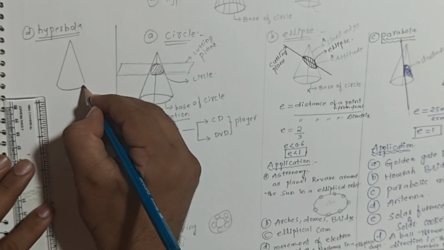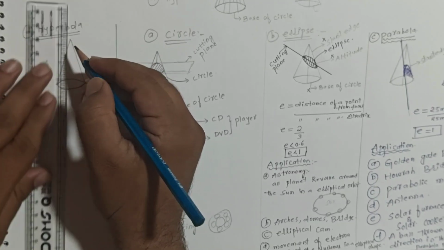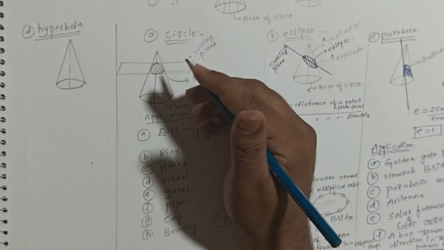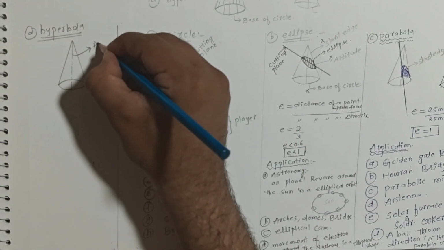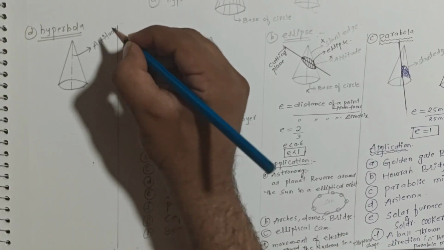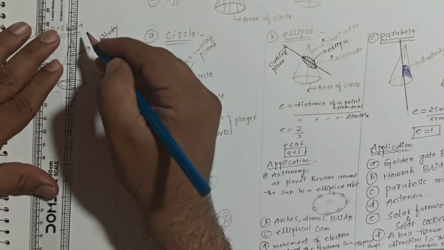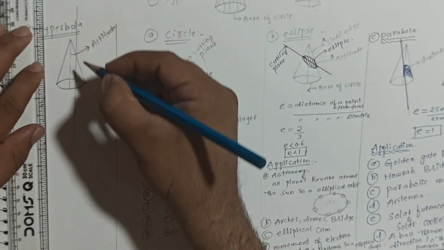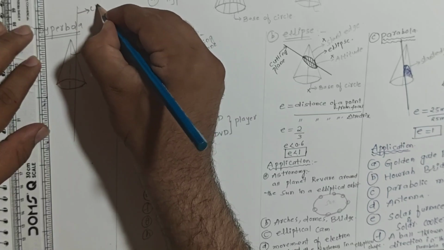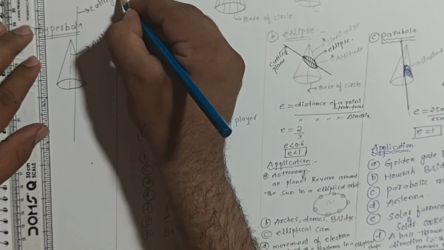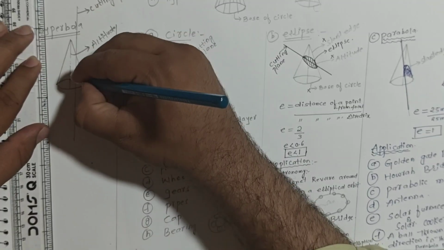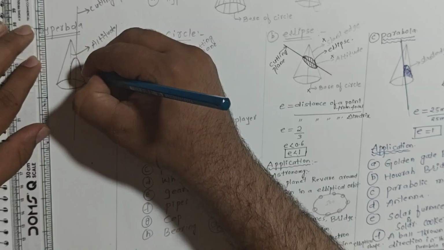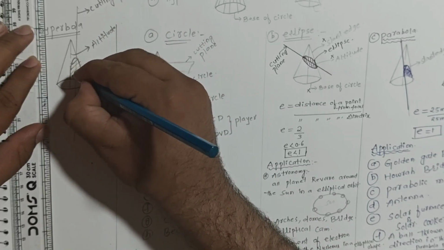We will get the shape of a hyperbola. Again, I will recall: we need to cut the cone in such a way that this cutting plane is parallel to whom, dear? Parallel to the altitude. What will appear on the surface of the cone? A hyperbola will appear on the surface of the cone.